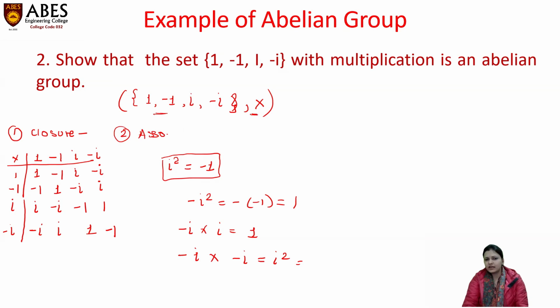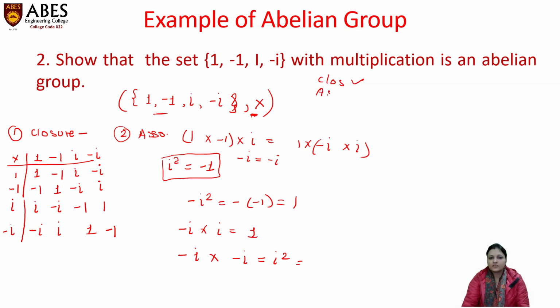As we know, multiplication always supports the associative property. 1 into -1 into I, whether it be this association or this association, it will always give us -I on both sides. So closure is satisfied, associative is satisfied.